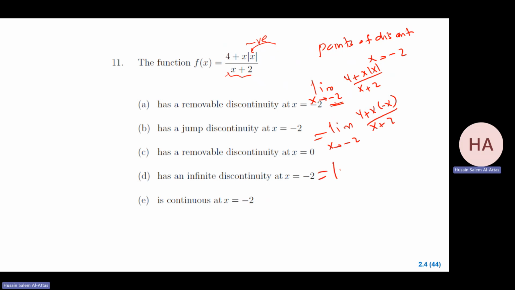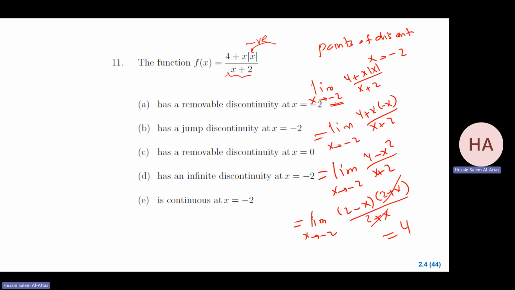Now we do the calculation. You have 4 minus x squared over x plus 2. So that will be the limit of 2 minus x times x plus 2 over 2 plus x. So this is cancelled. So the limit exists. Actually, it's equal to 4. So the limit exists, but there is a point of discontinuity. So we say it's a removable discontinuity.